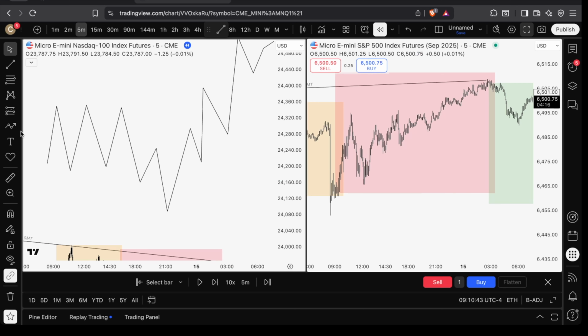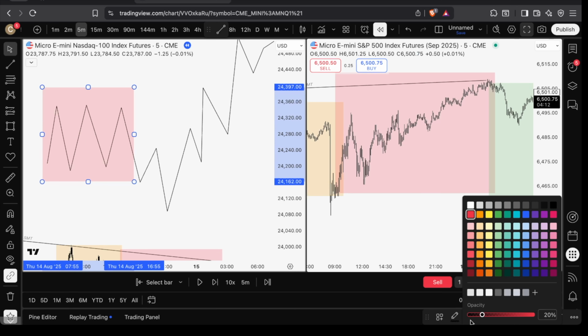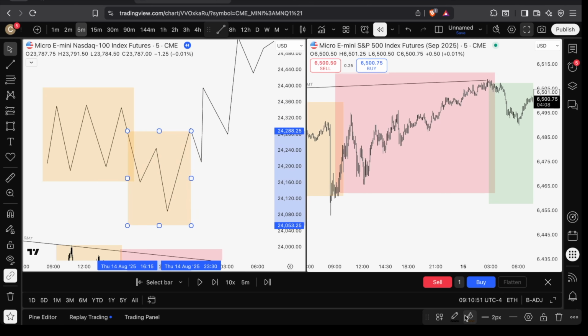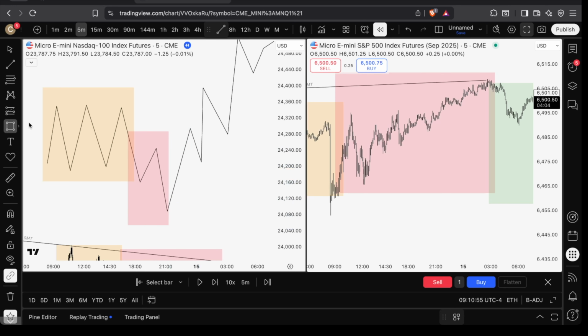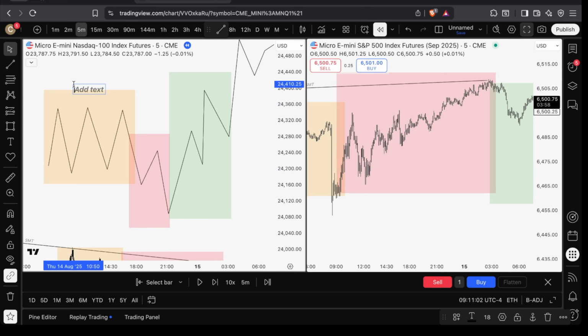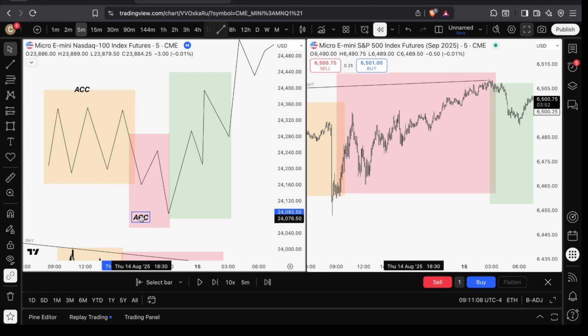So again, accumulation, manipulation, and distribution.